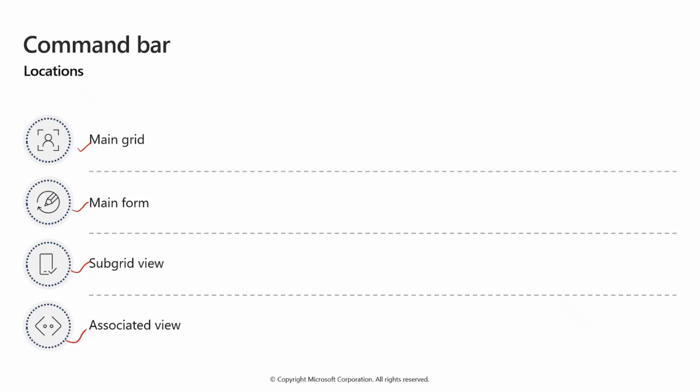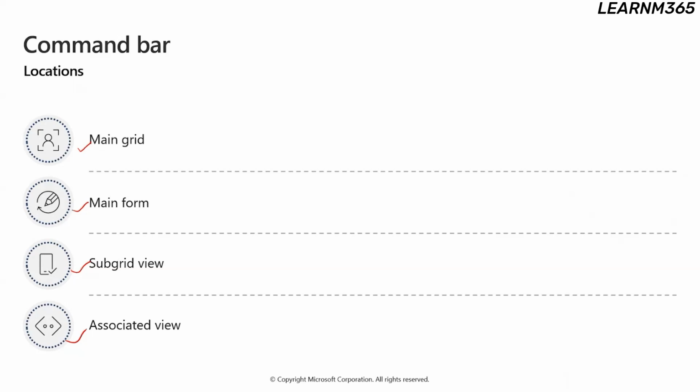Another option would be available on subgrid view. So this subgrid view is the part of main form usually for a table row and you configure the form to have a subgrid with the related data tables. Okay, so this command acts on the rows displayed in the subgrid list. And the last option is associated view. This associated view is there on the list of related table rows displayed on the main form.